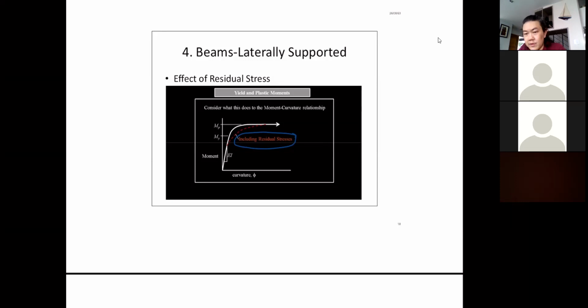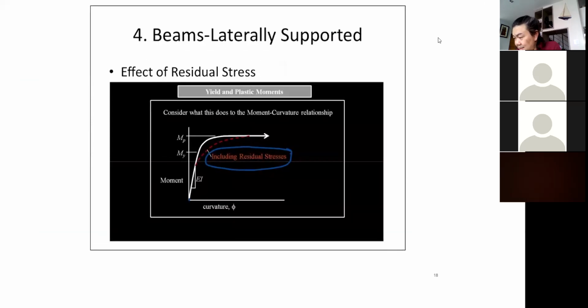Remember that if we continue to push our beam, you can increase your strength from MY to MP, right? But if there is any local buckling problem, the residual stress will again deviate you from reaching it quickly by creating a new path, because you already have some stress there in the section, but eventually it will reach MP.